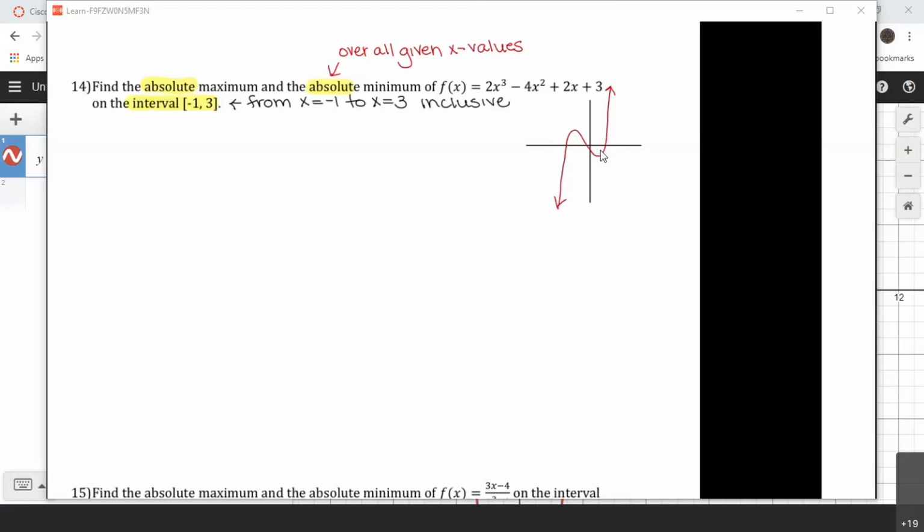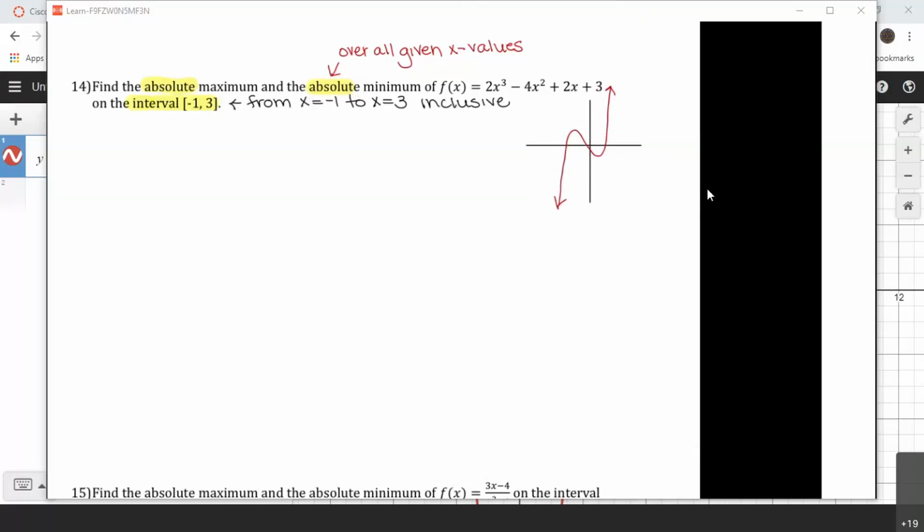It has a local max and a local min, sure, but no absolutes. Everybody all right with that? Questions? Again, you have to know what the function would look like, and you could certainly graph it to see.